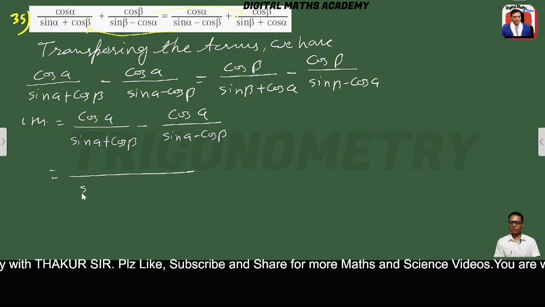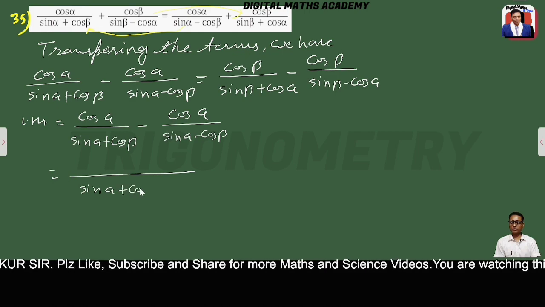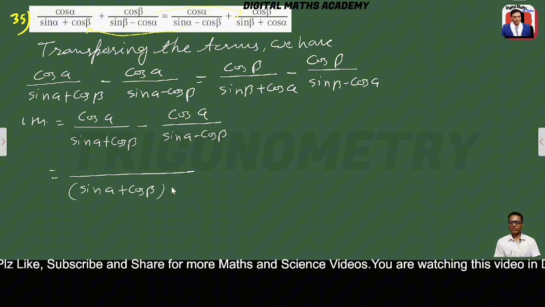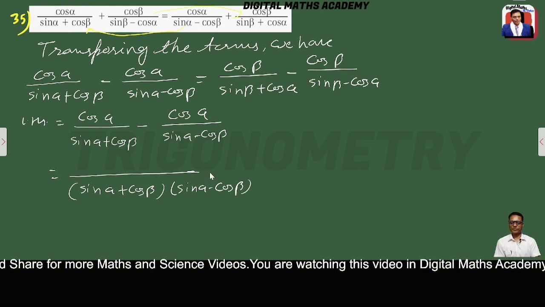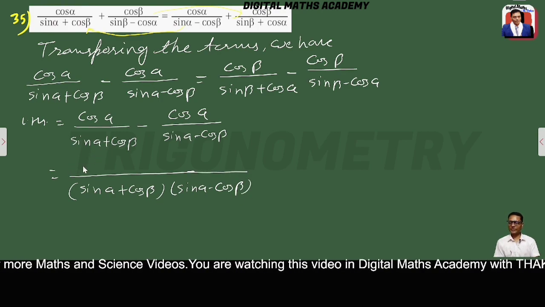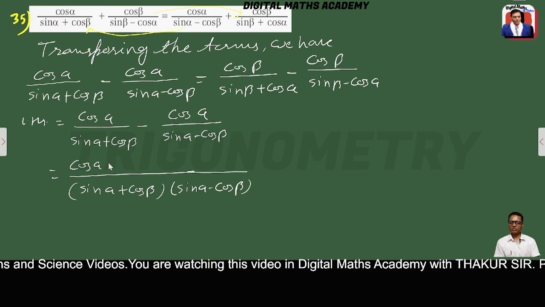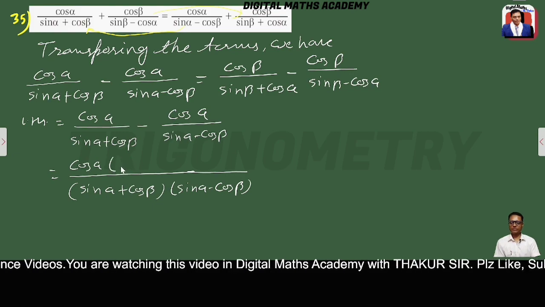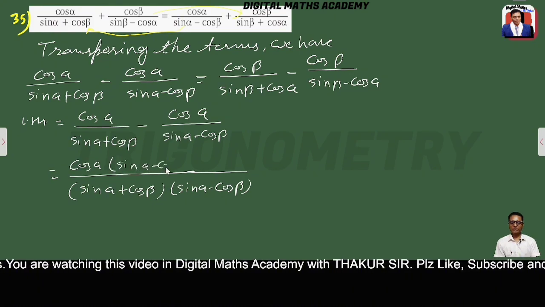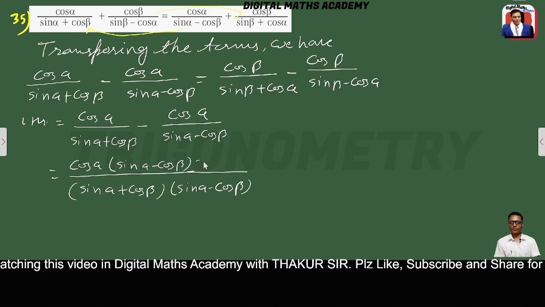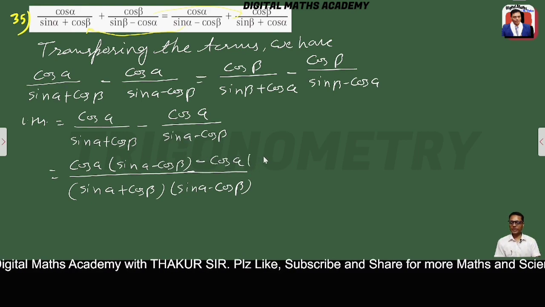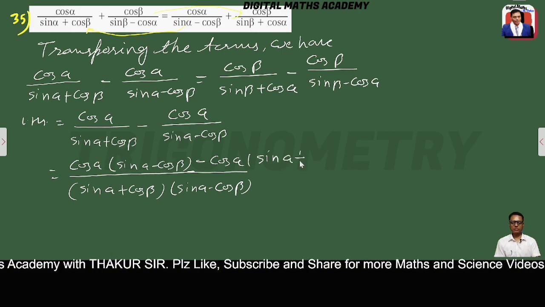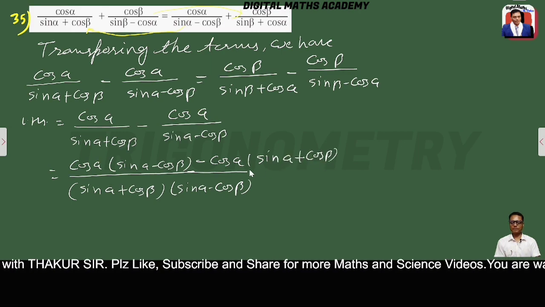LCM equals sin alpha plus cos beta, and here sin alpha minus cos beta. So when you do the simplification, you can write here cos alpha, and here we have sin alpha minus cos beta. So likewise we have here minus cos alpha, and we write inside the bracket sin alpha plus cos beta.